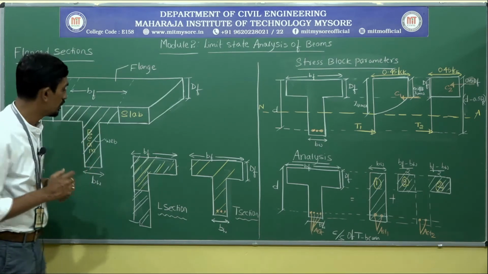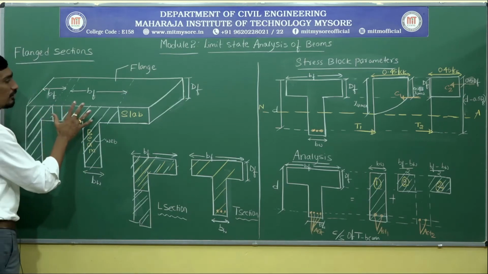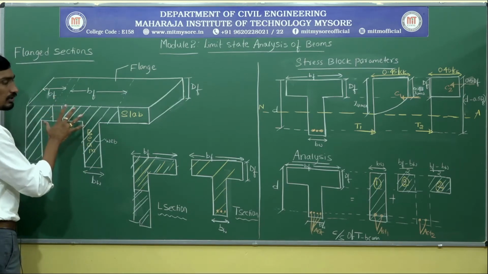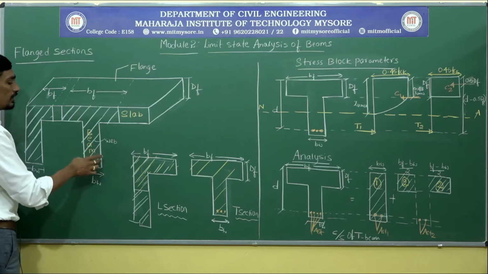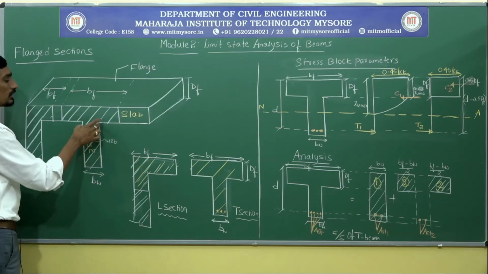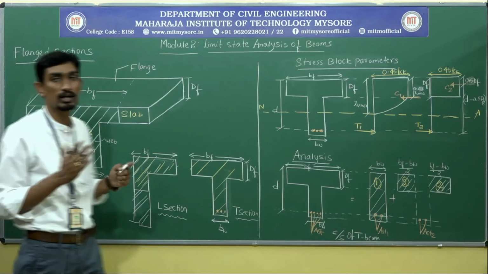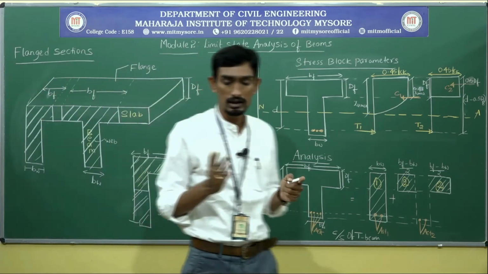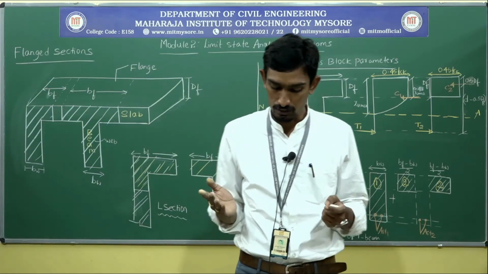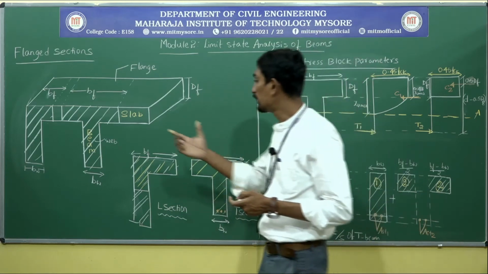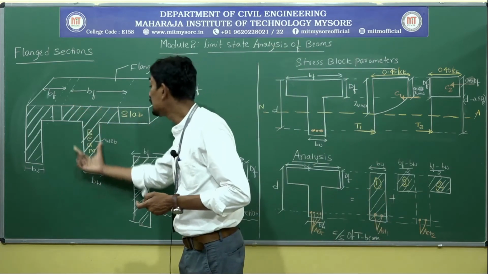Then, you can observe figure 1. This section has been distributed on either side. Then this is called a T section.